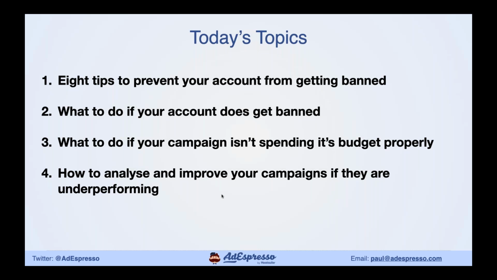What to do if your campaign just isn't spending its budget properly. This is a really common question. We get so many support tickets about this. And then if your campaign is spending, but it's just underperforming, it's just not getting results for you, it's falling a bit flat, we'll look at some ways of analyzing your campaigns and then how you can improve them. So we really want to make sure that your campaigns get back on track.